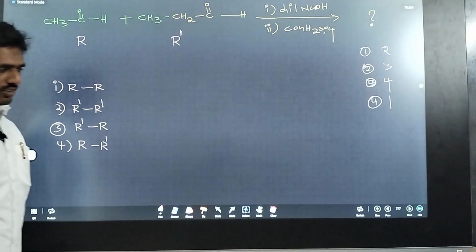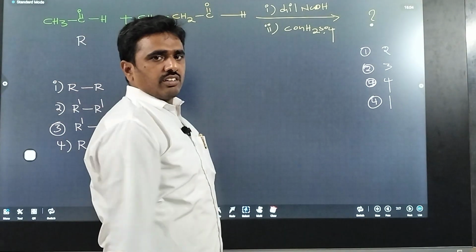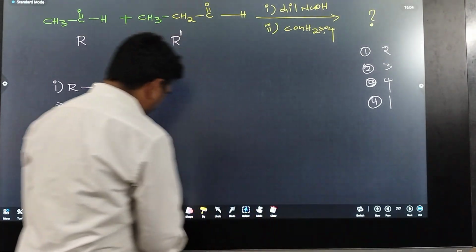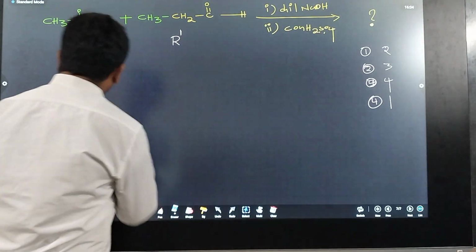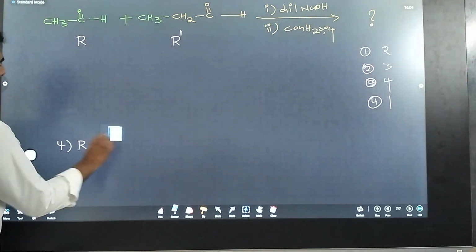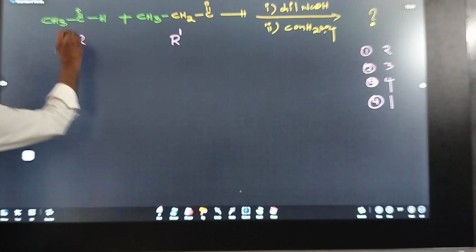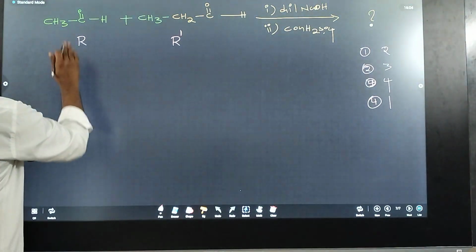So which products are obtained in these reactions? Four products are obtained. Now I take both the same moles.